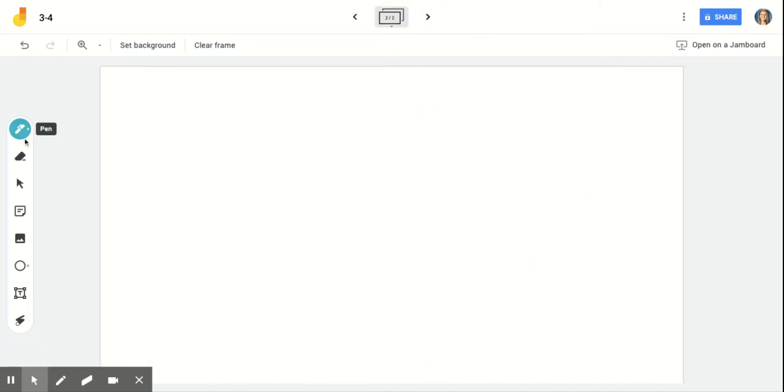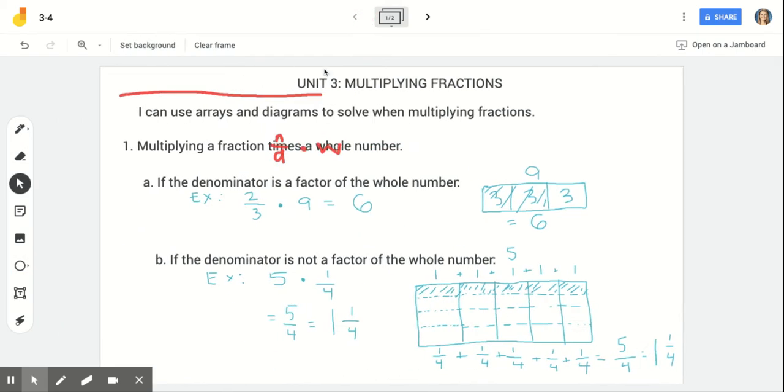Lastly, what we've been working on with this lesson is multiplying a fraction times a fraction. So go ahead and skip a line. And what we just did on the last page is we did multiplying a fraction times a whole number, and we used 2 different arrays to do that depending on the denominator and the whole number.